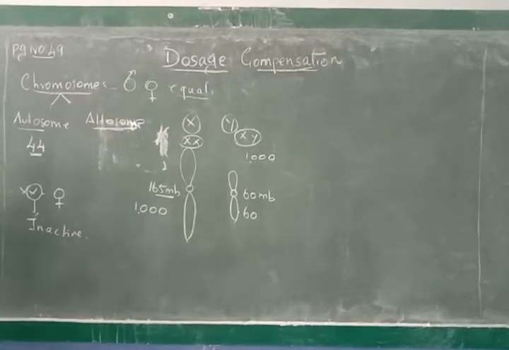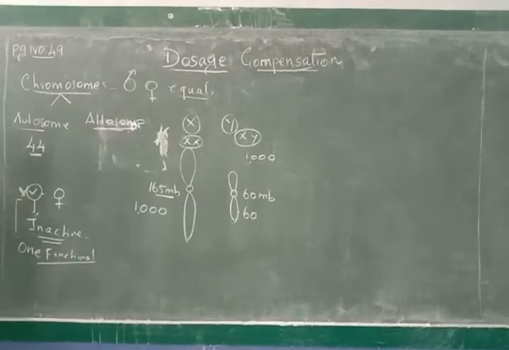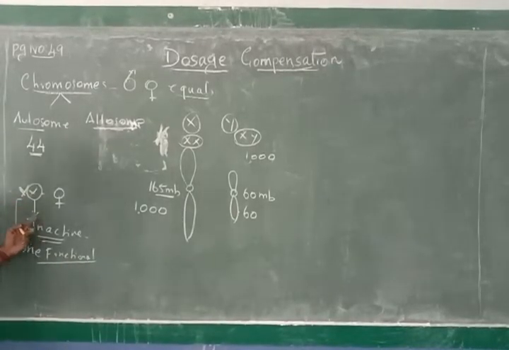So this is physically made. Now among these 2 X chromosomes, 1 chromosome becomes inactive, that means not functional. So every female will have only 1 functional chromosome. Out of these 2, 1 becomes inactive and another becomes active.